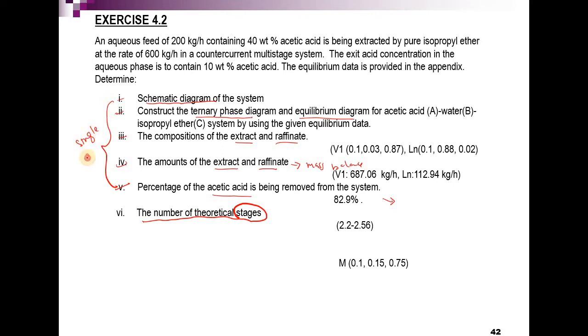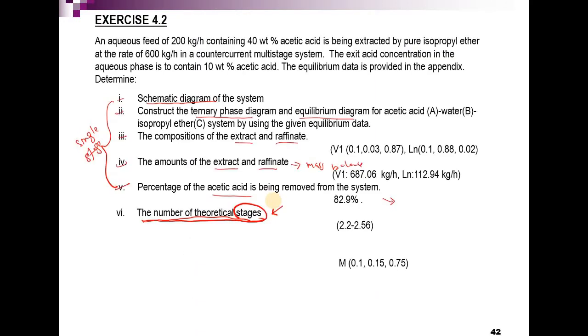You can use the same method or approach to solve them. The only additional question is how many stages are required for the system. So this is what I will teach you today.